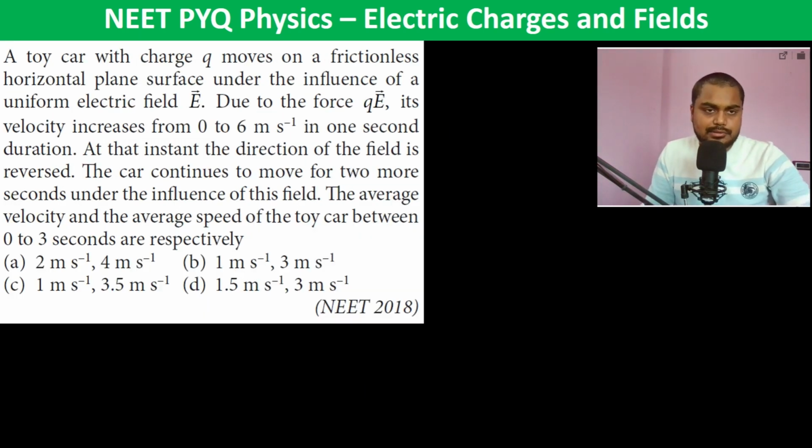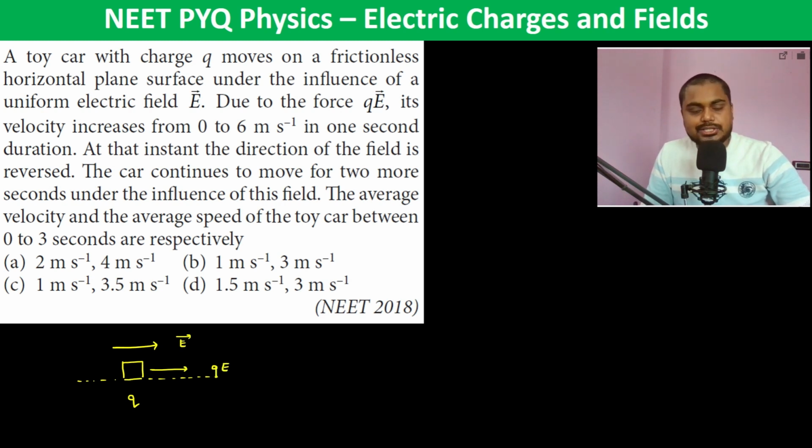A toy car with charge Q, so this is a toy car having a charge Q, moves on a frictionless horizontal surface under the influence of a uniform electric field E. This is the electric field E. Due to the force QE, a force Q into E acts on it.